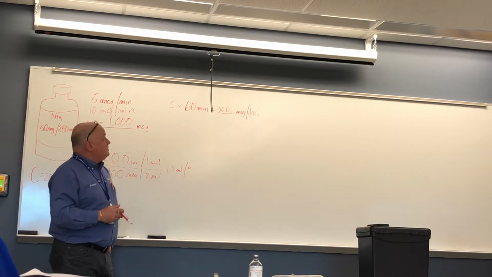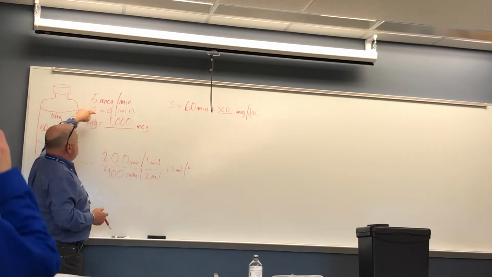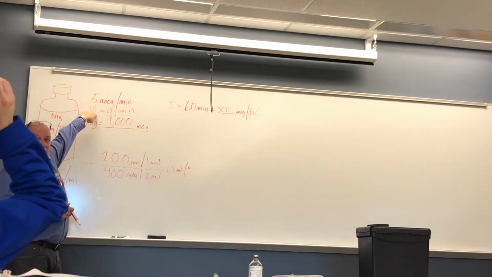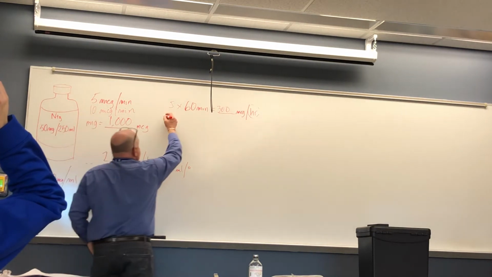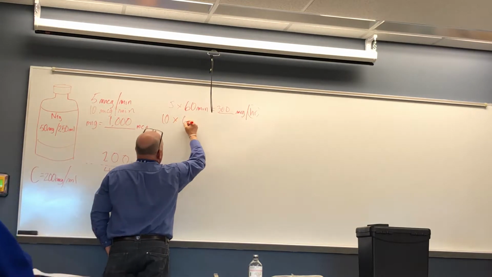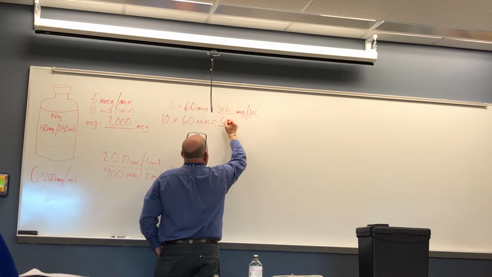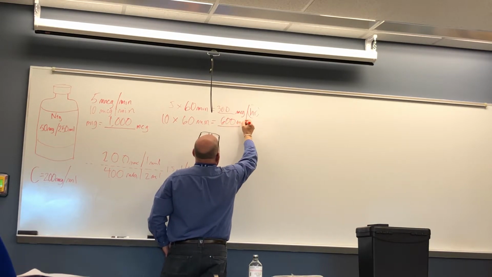So how many mics would he get over an hour running at 10 mics per minute? 600, because now it's 10 mics every single minute, and over 60 minutes, he's gonna get 600 mics.